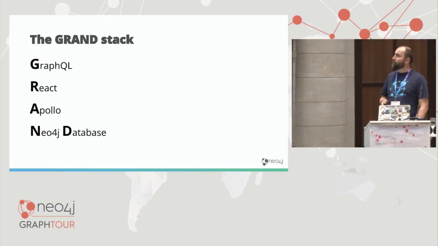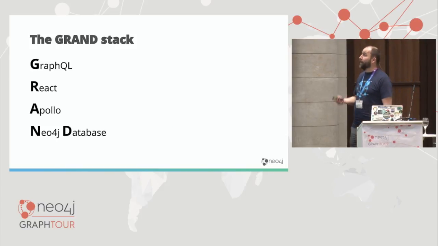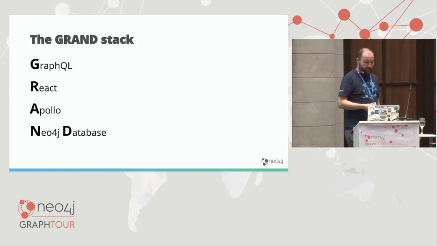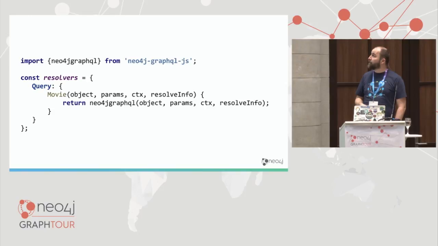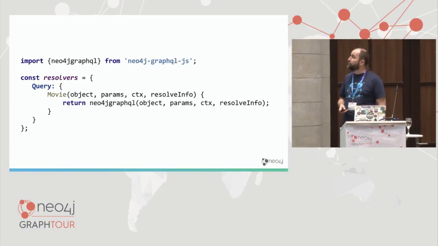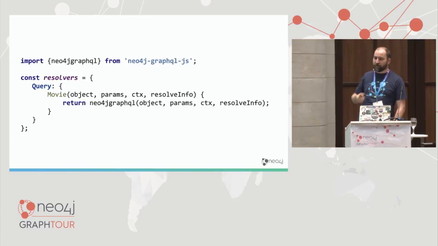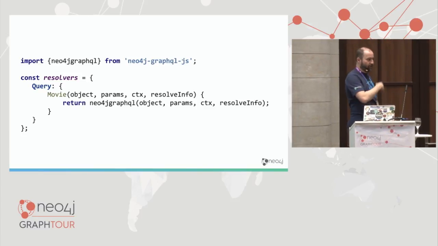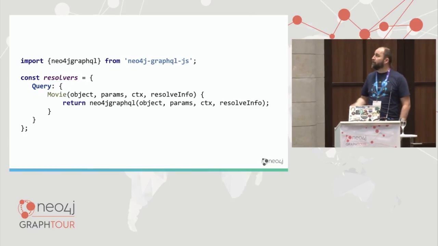And it's pretty cool because it combines all these technologies which are fairly modern and easy to use and enable you to build modern web applications quickly on top of Neo4j. Basically, you just implement a resolver for each query type in GraphQL, and the Neo4j GraphQL library takes care of turning your tree-structured GraphQL query into a single Cypher query, runs it against Neo4j, maps the results back, and you're good to go.